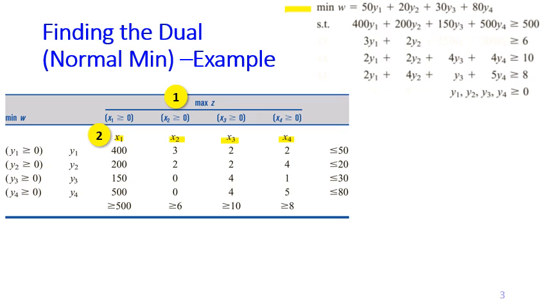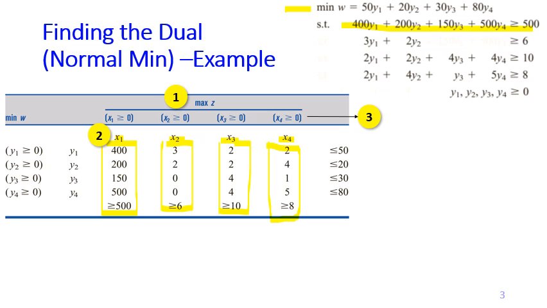You can see that each variable in the dual problem corresponds to one constraint in our primal problem. So one constraint in primal corresponds to one variable in the dual. In this case, our primal is minimization, our dual is maximization.